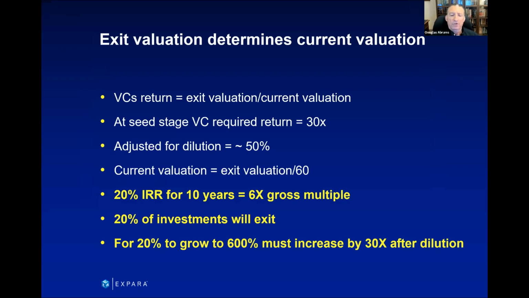And it's quite straightforward. I mentioned in the early class, I think in the first class, that exit valuation determines current valuation. And I gave a simplified version of the VC return formula where I said we can calculate the VC's return by just dividing the exit valuation by the current valuation.